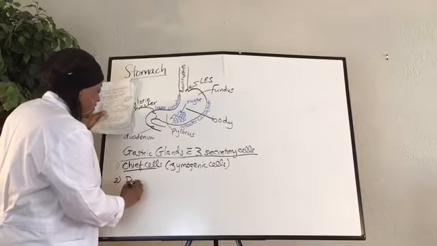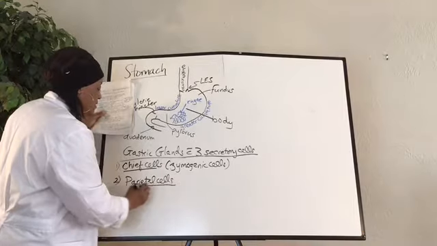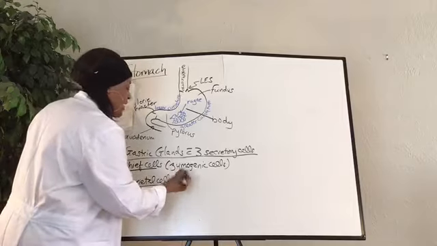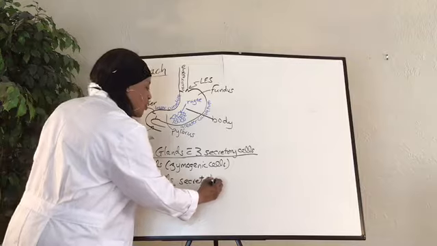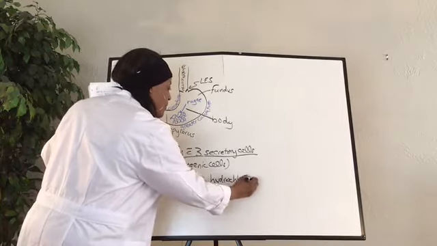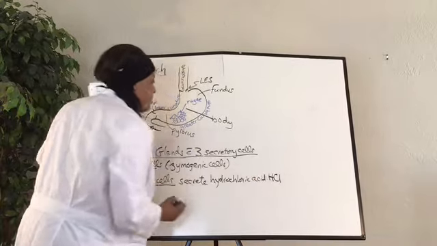Parietal cells. Now these cells are pretty important because they secrete the hydrochloric acid. The HCl, right?